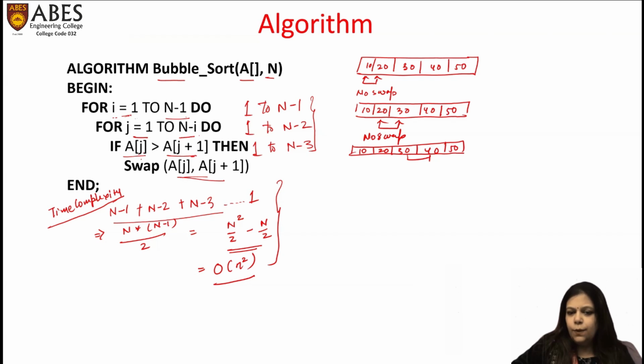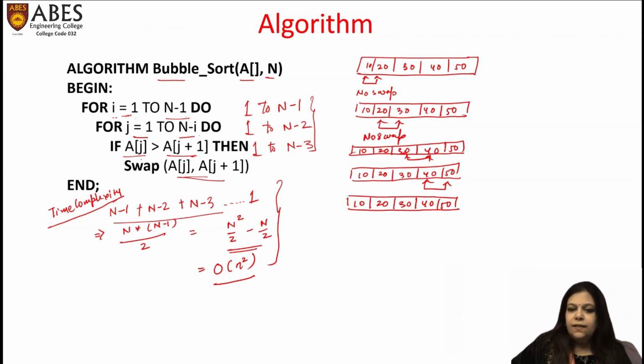Again, when we compare the next two elements, there is no need of swapping, and so the values of the array remain the same. And when we compare the last two elements, there is no need of swapping. The state of the array again remains the same: 10, 20, 30, 40, and 50.